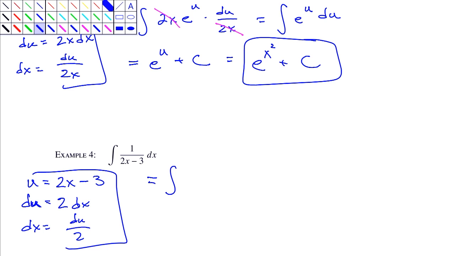Substitute. So the integral of 1 over 2x minus 3 becomes the integral of 1 over u. The dx becomes du over 2. Now, you see the 2 under the du? That's a constant multiple, just like in derivatives and limits. We can float that out to the front.